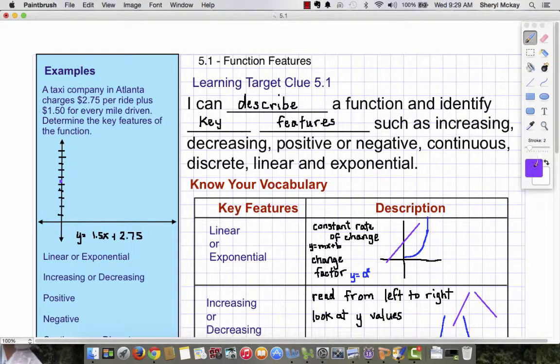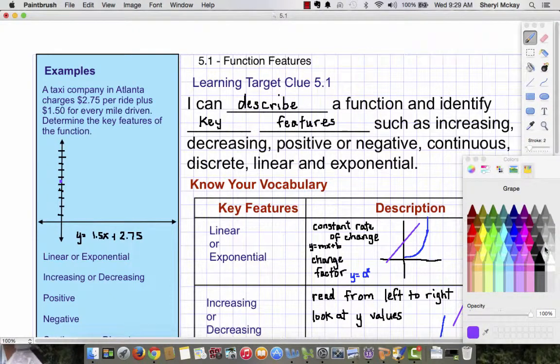And then what happens if you go, let's put my miles down here. This would be 1 mile, 2 miles, 3 miles, 4 miles, 5 miles, 6 miles. So if I go 1 mile, then I'm going to go up 1.5. So that's 1.5 and over 1.